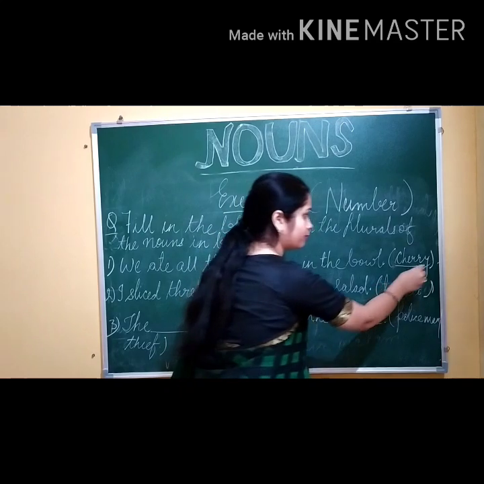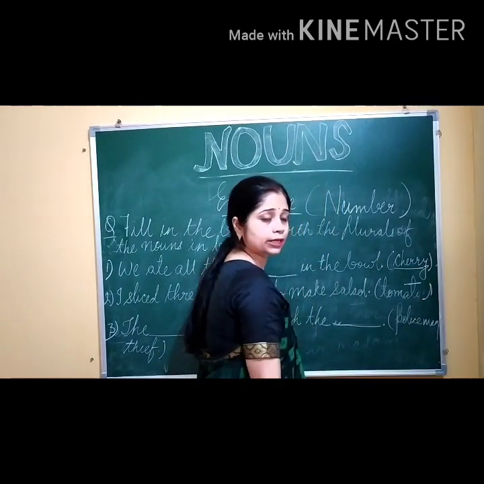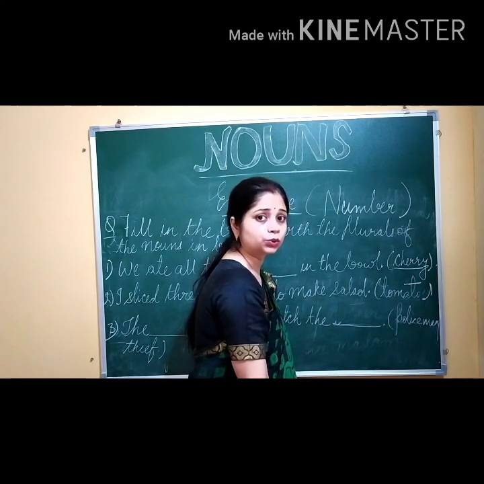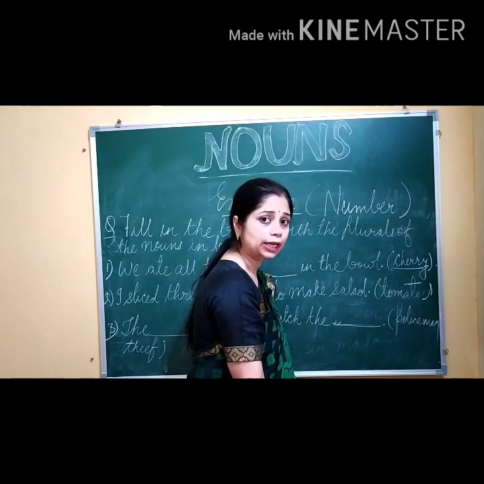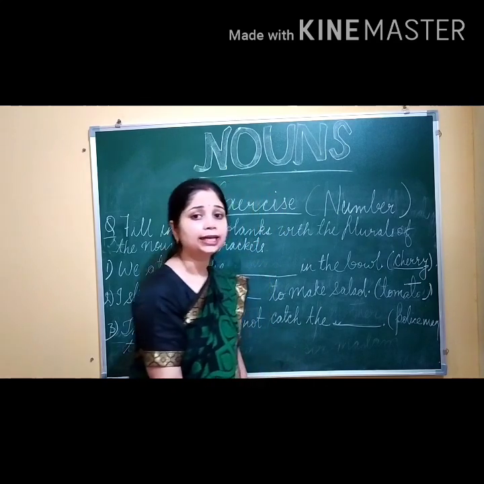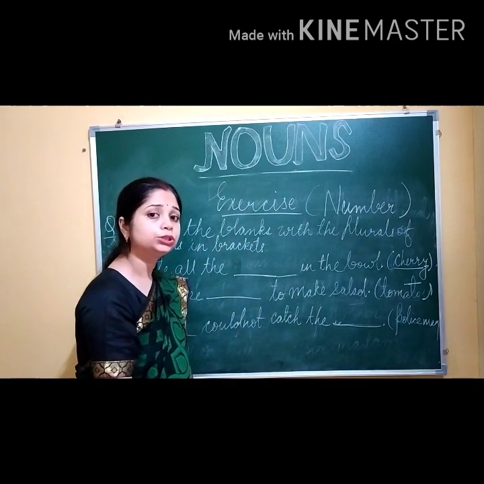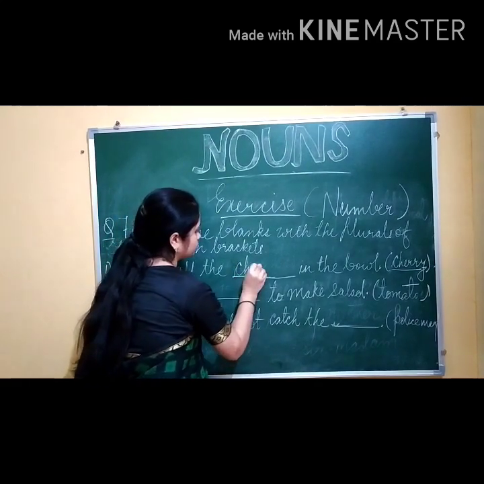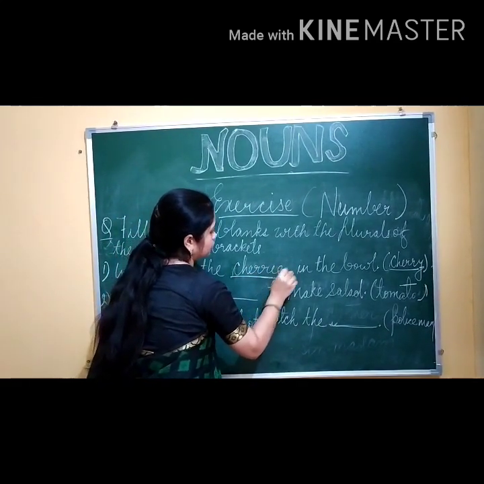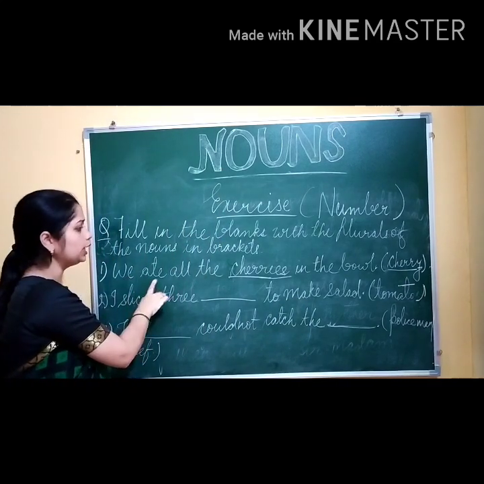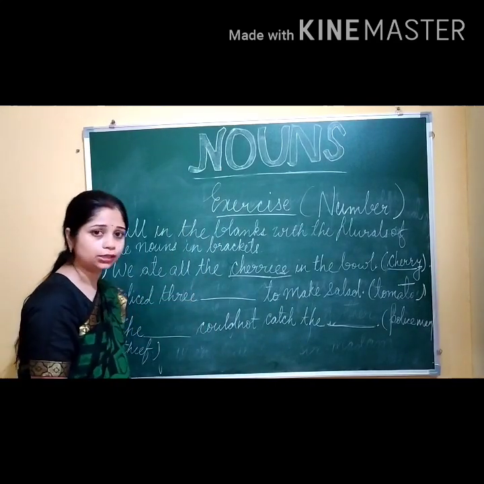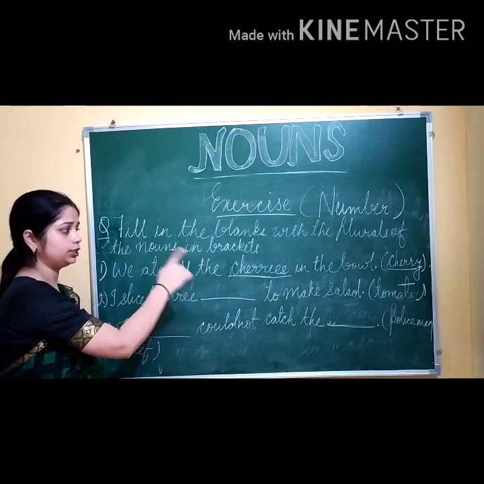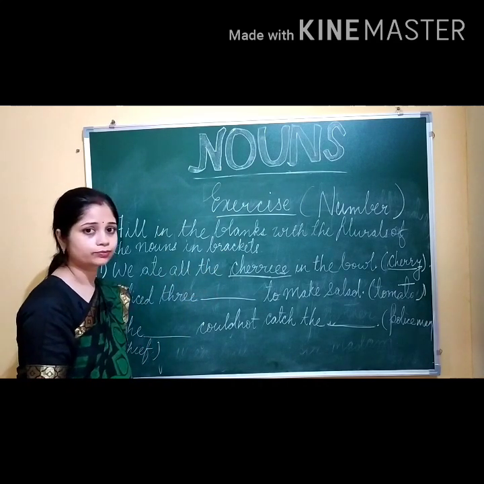The last alphabet is Y and it is preceded by a consonant R. So we have to remove Y and add IES to it to change its form to plural, that is cherries. We ate all the cherries in the bowl. Cherry has been changed to cherries.